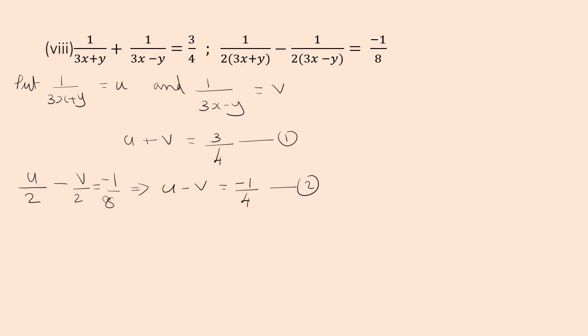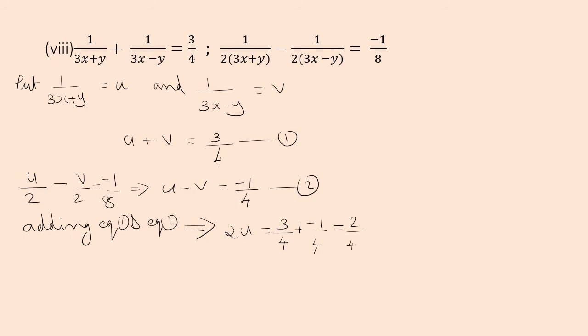So, the next step is adding equation 1 and 2. u plus u, that is 2u, equal to plus v plus minus v, that is 0, equal to 3 upon 4 plus minus 1 upon 4, that is 3 minus 1 upon 4, that is 2 upon 4, equal to 1 upon 2.